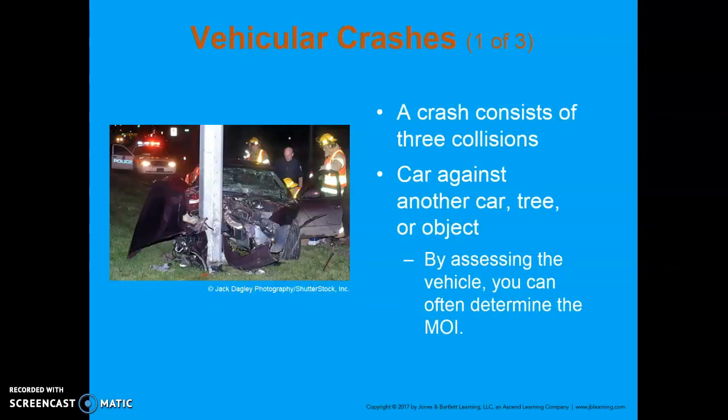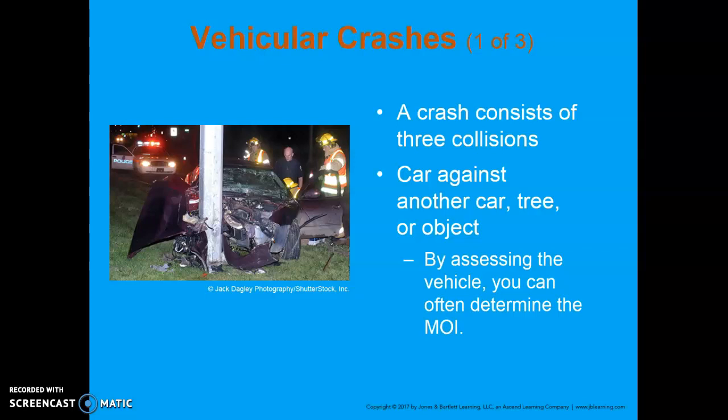Vehicle crashes. When a motor vehicle crashes, there are several different collisions that take place. And crashes can be classified several different ways. So it can be a frontal or head-on, rear end, a lateral, which we call a T-bone, rollovers, or rotations. The principal difference is the direction of the force of impact.